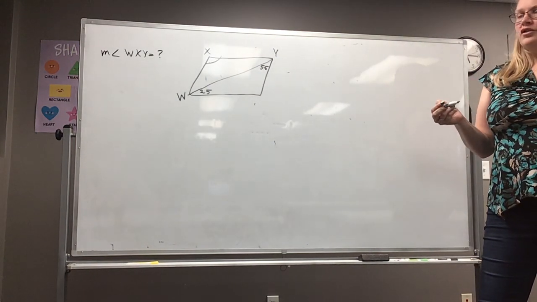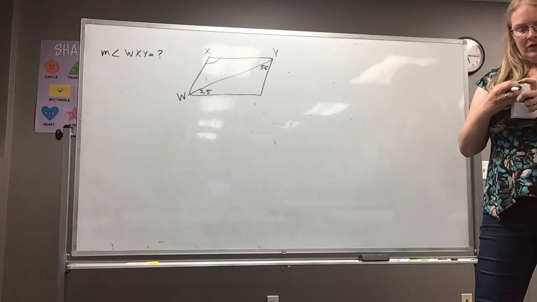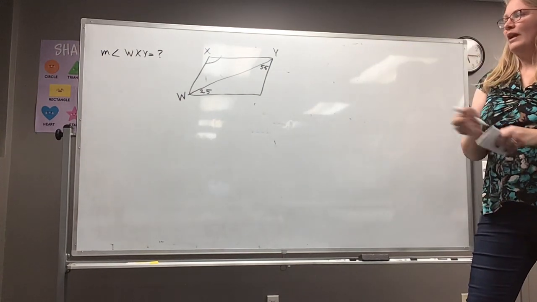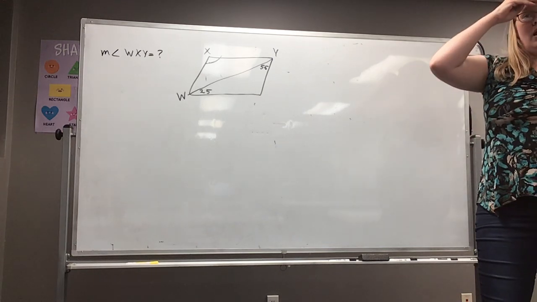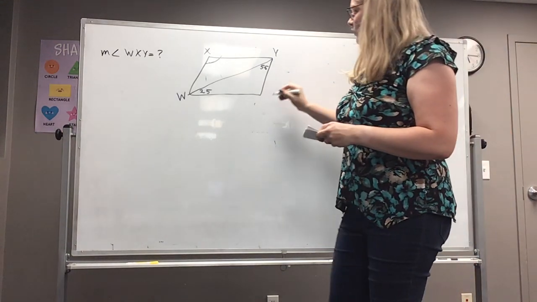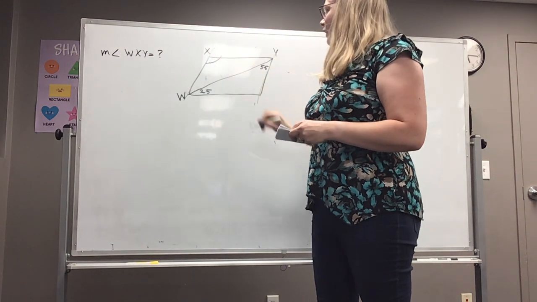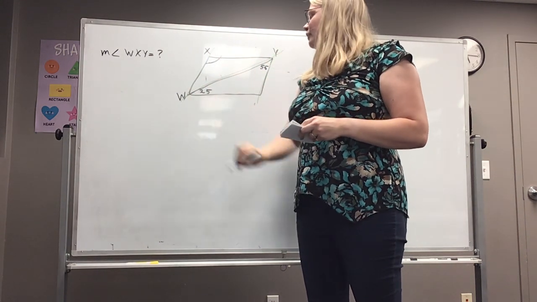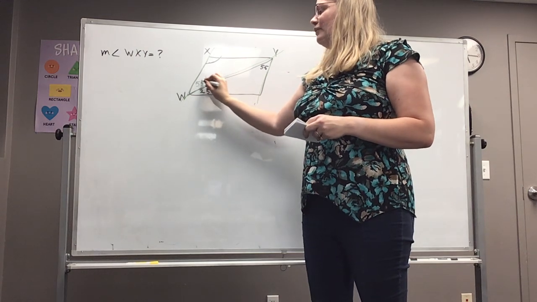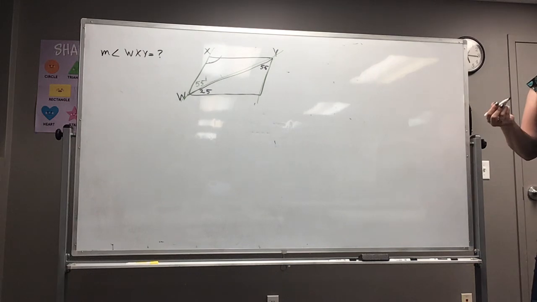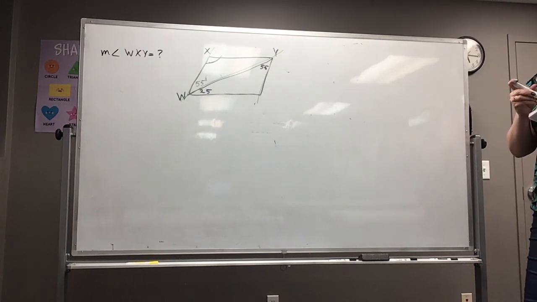The slower version, still good for the review, is to remember that parallelogram means we have parallel lines, and we're working with the idea that parallel lines are cut by a transversal. If we talk about these parallel lines cut by this transversal, this is also 55. Again, not the fastest way to solve this problem, but I wanted to take the opportunity to review.